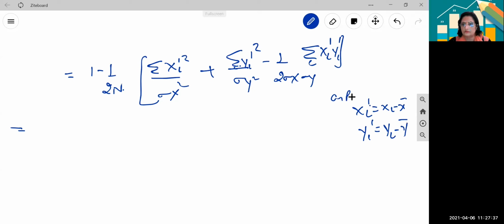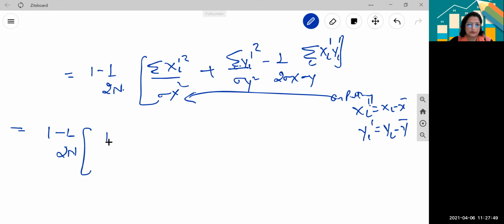On putting, you will write this line in between, on putting xi dash is equal to this and yi dash is equal to this, we get here is equal to 1 minus 1 by 2n upon. So you are putting the value. This is sigma x square. Summation i, i running from 1 to n, xi minus x bar. So write carefully, in place of dash, now xi minus x bar has come.